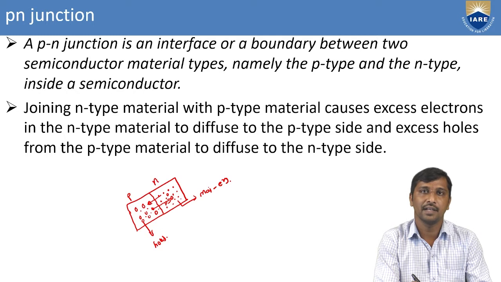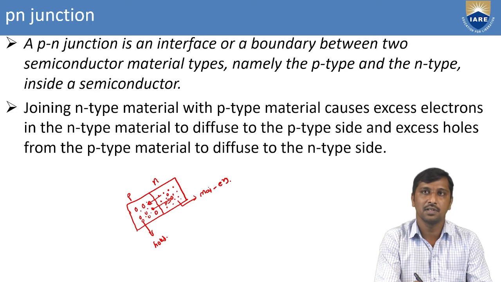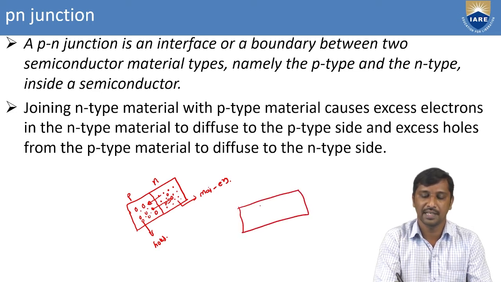And if any charge carrier loses its energy, then it becomes an immobile ion near this area. Let us take this as the p-type semiconductor and this as the n-type semiconductor, where electrons are the majority charge carriers here, and holes are the majority charge carriers here.